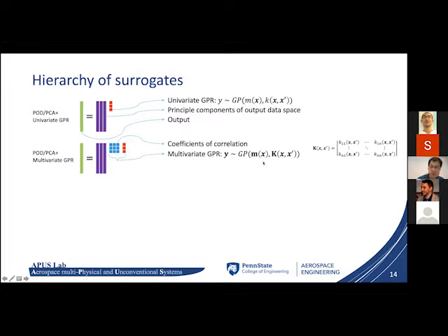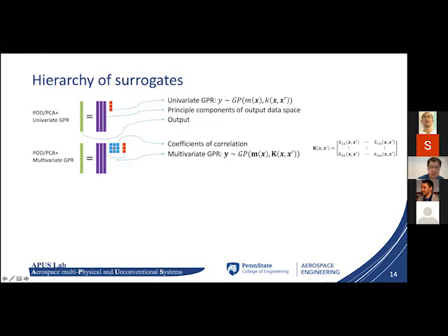And this whole model then has to be trained using a little more complex GP model, where instead of a correlation function, we have a matrix correlation function, which goes like this. Now here you can probably see that we have a matrix which are the principal components, and then we have the coefficients of correlation.